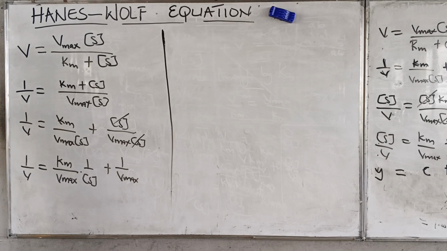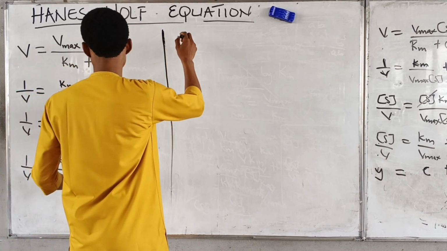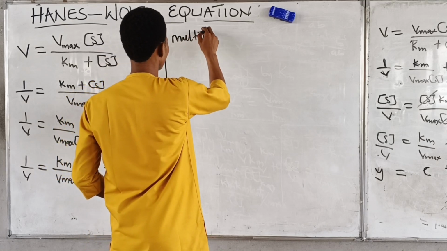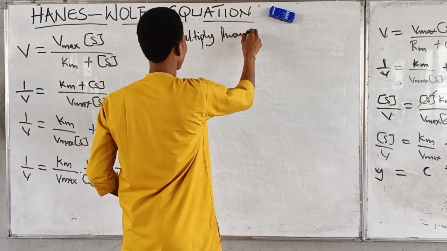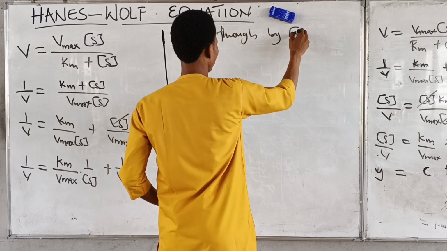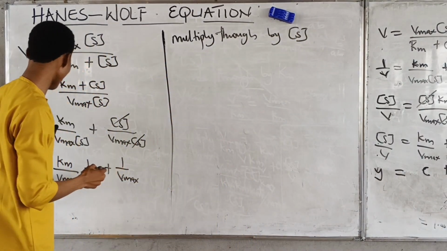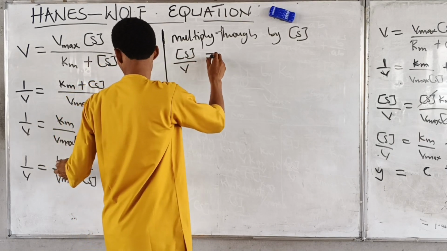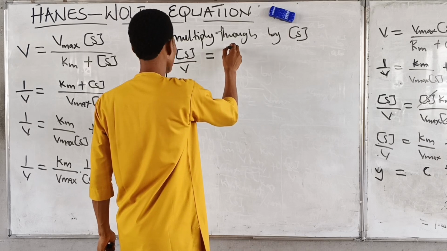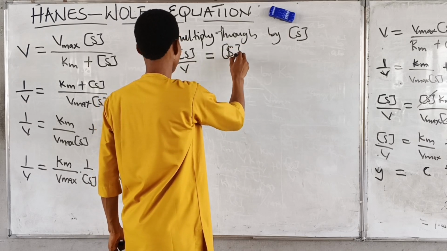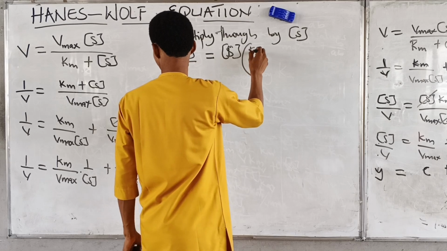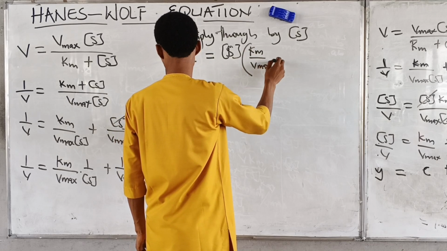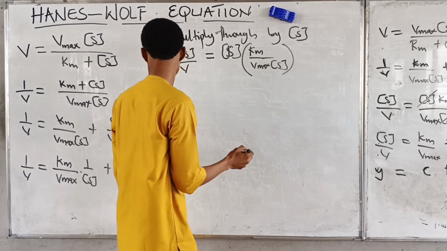And to get the Hans-Woolf, what's the first step? Multiply through by what? So to get your Hans-Woolf from Lineweaver-Burk, multiply through by S. So if we multiply through by S, here we'll have S over V equal to S bracket into Km over V max S. I have not changed anything, right?